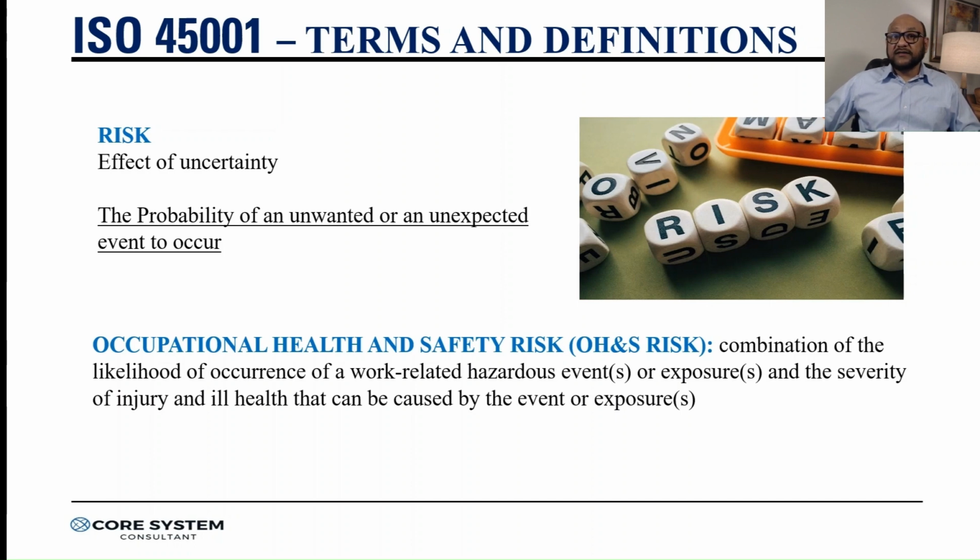The health and safety risks are those risks which are because of any hazards that are in the organization, in the industry, that pose a threat to the workers and the workforce that is out there. So we need to consider all those occupational health and safety risks, which is plainly defined as the likelihood of occurrence of that particular hazard and how impactful it can be, the severity of impact. That's the most plain definition for health and safety risk.